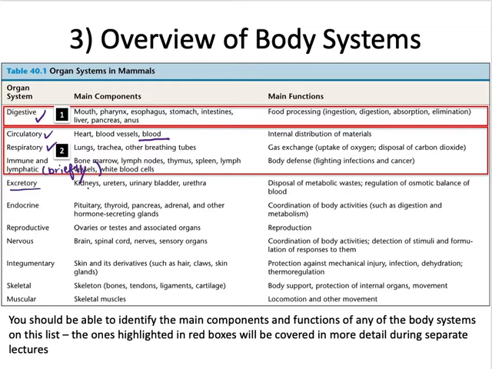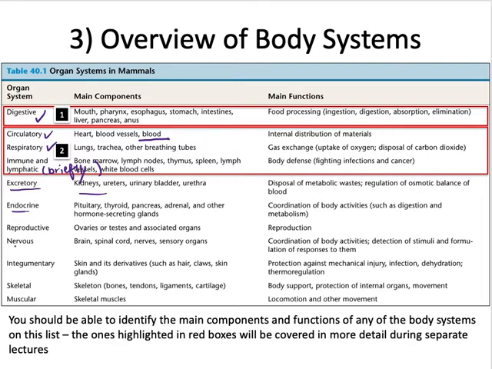You should know the functions of the excretory system and the major organs that go with it. So the kidneys, the bladder, and the urethra are involved in removal of those metabolic wastes. The endocrine system is involved in hormone production. The reproductive system is involved in gametogenesis to produce gametes that will be involved in sexual reproduction.